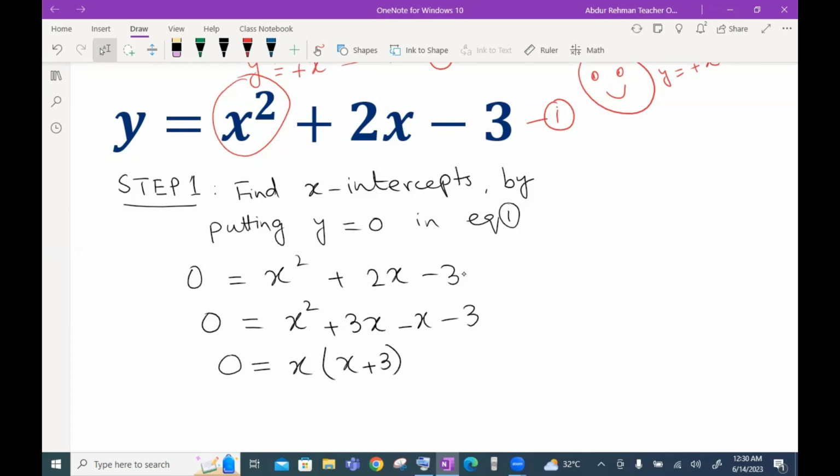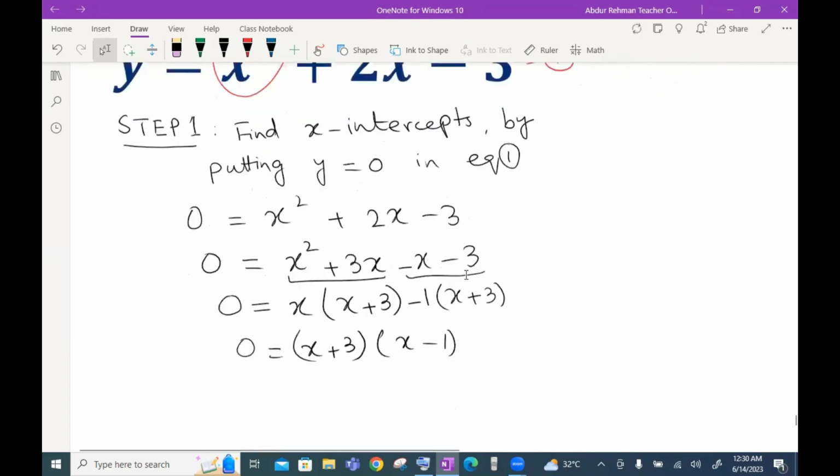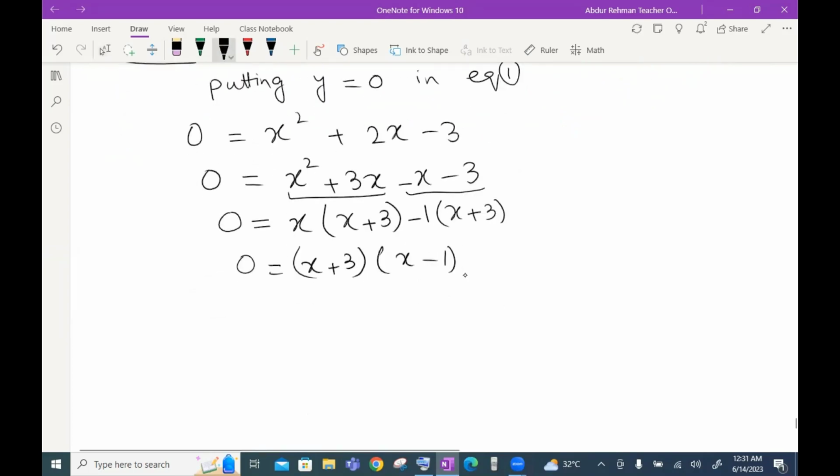Common x, and the next common is minus 1. So x plus 3 times x minus 1 equals 0. How to solve this type of equation, the link is given in the description.